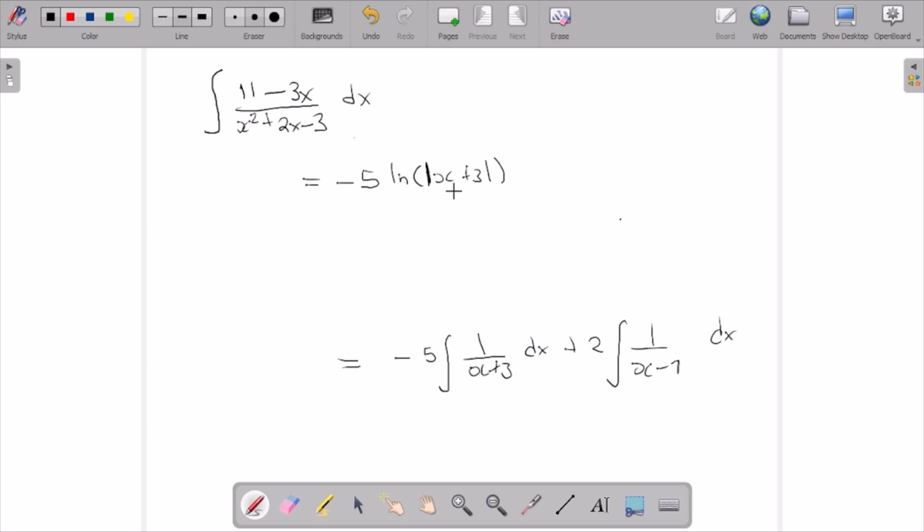If it evaluates to something that is negative, we know that natural log of something that is negative, we can't find that value. So that's why we put it in absolute values. So here we shall have 2 natural log of, again, absolute value of x minus 1, plus a constant c.